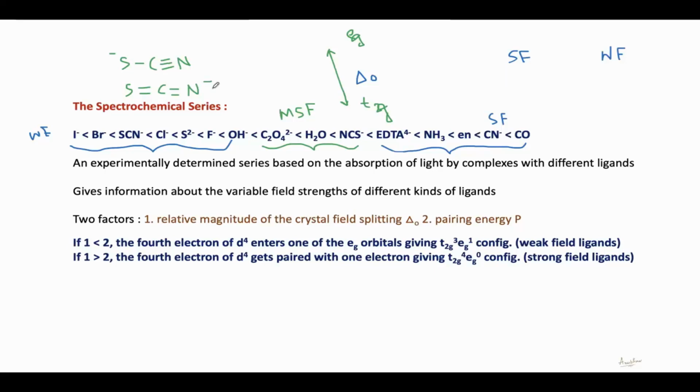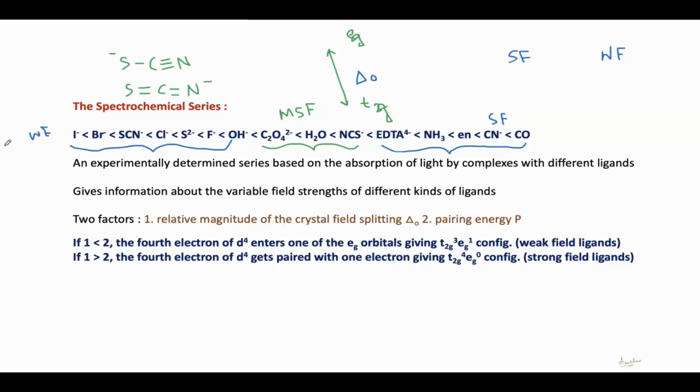So here you can see, let's again talk about the NCS. Then we are having EDTA 4 minus. Then it is less than that of ammonia. Then it is ethylene diamine, and then we are having extremely strong field ligands, which are cyanide, CN minus, and lastly we are having CO, which is one of the strongest field ligands in the spectrochemical series.